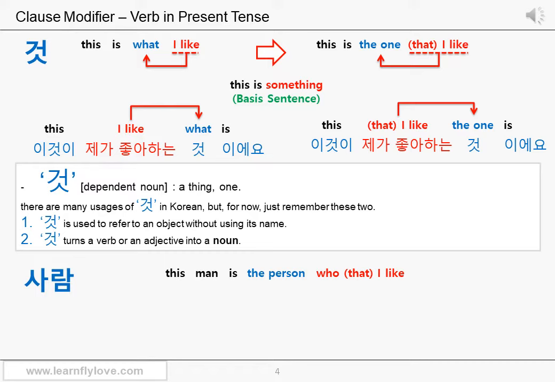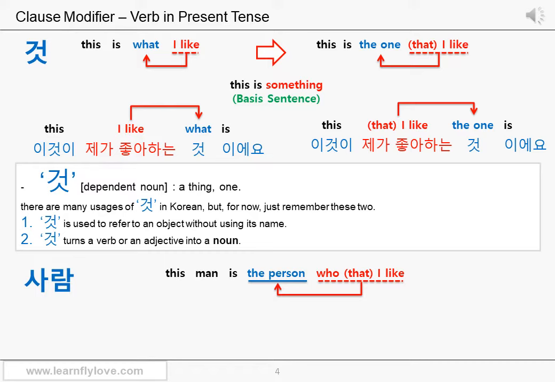What we keep trying to say here is the person part cannot be taken off in these kinds of Korean sentences, and that I like part modifies the person. Modifiers, no matter whether it's an adjective or a clause, have to have a word that is modified. You cannot omit the word that is modified in Korean.